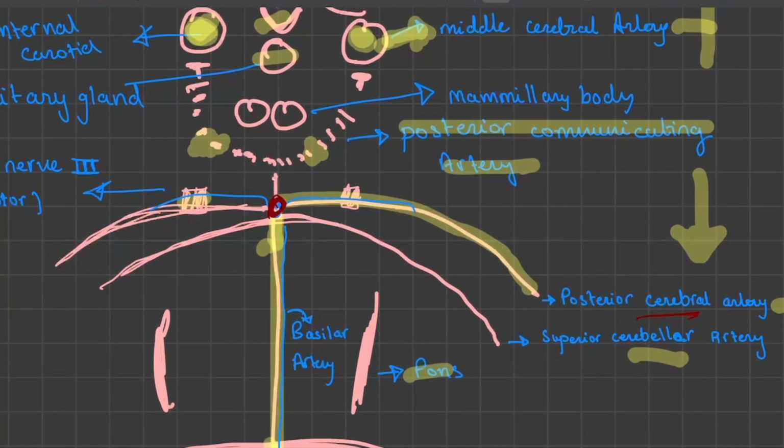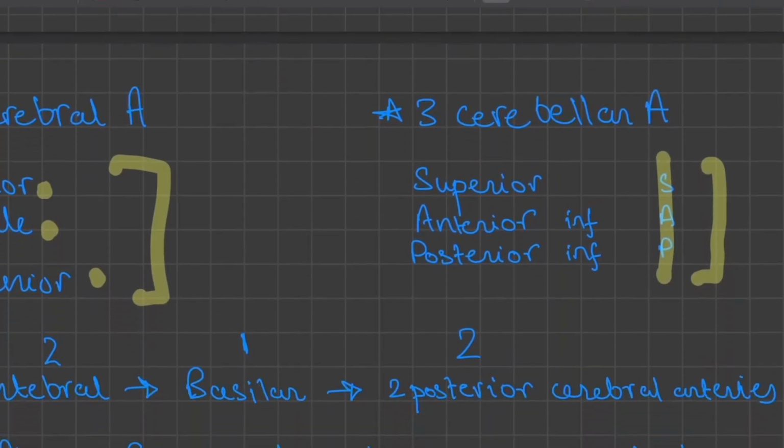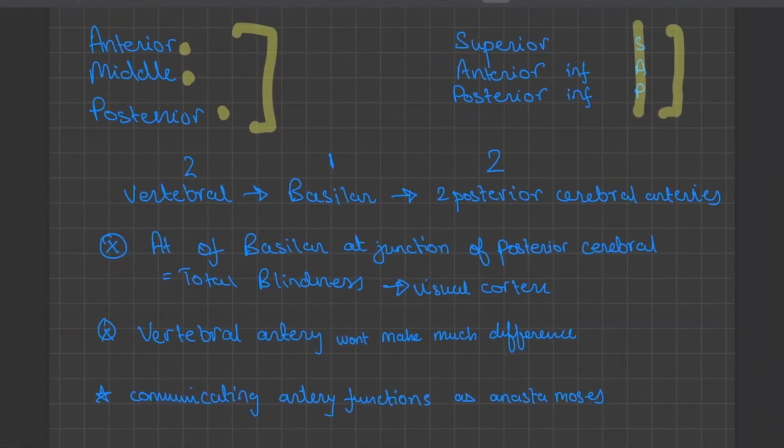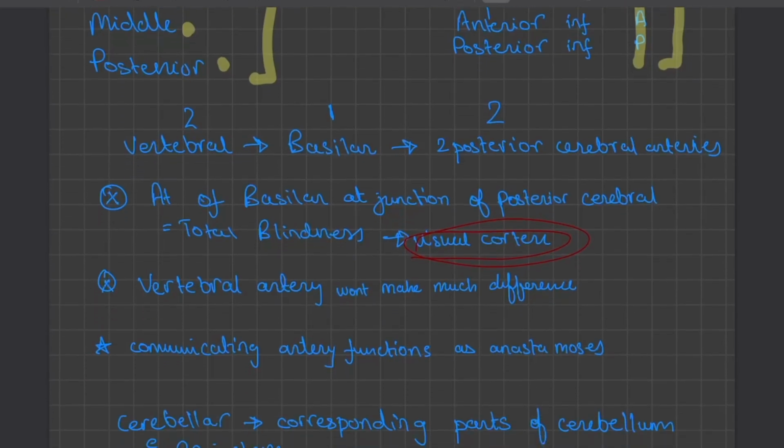Well, a person goes completely blind. The reason for that is that the basilar artery gives rise to both of the posterior cerebral arteries, and they supply the visual cortex. So this is something really important to keep in mind.